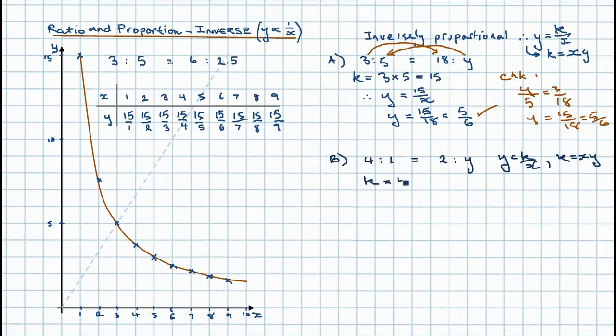K is simply 4. Therefore, y equals, going back to this formula here, y equals k, which is 4, over x, which is 2. So y simply equals 2.